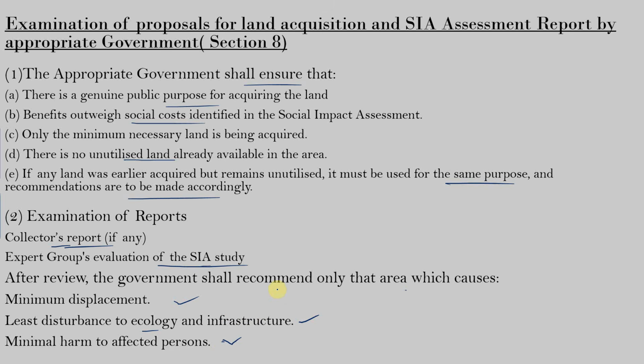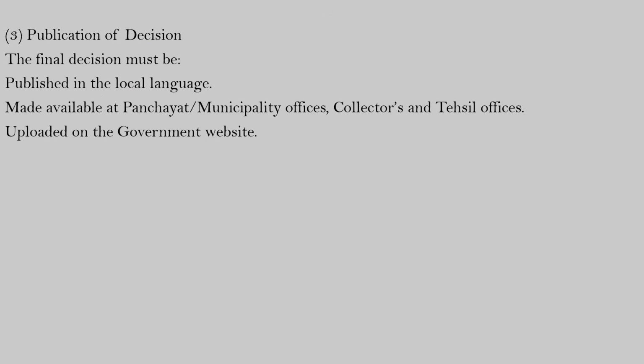So, areas in which there is less impact of the project shall be acquired by the government. After examining all these reports and ensuring that only less impact is being made in that area, the government shall publish the decision.